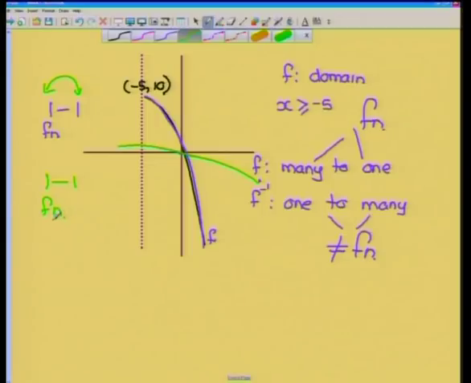So this is a very common question, and you'll often find them asking it in an algebraic form. Let me show you what I mean by that.